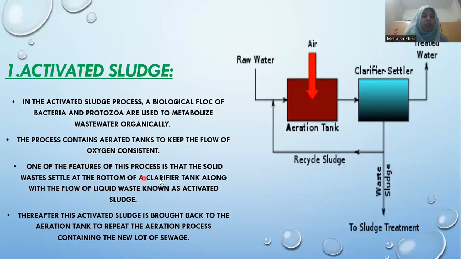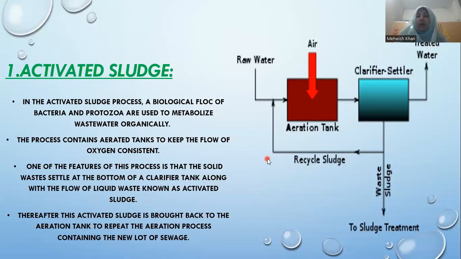One of the features of the activated sludge process is that the solid waste settles at the bottom of the clarifier tank along with the flow of liquid waste, which is known as activated sludge. Now, what is activated sludge? I'll explain this briefly in the diagram. Thereafter, this activated sludge is brought back to the aerated tank to repeat the aeration process with a new lot of sewage.